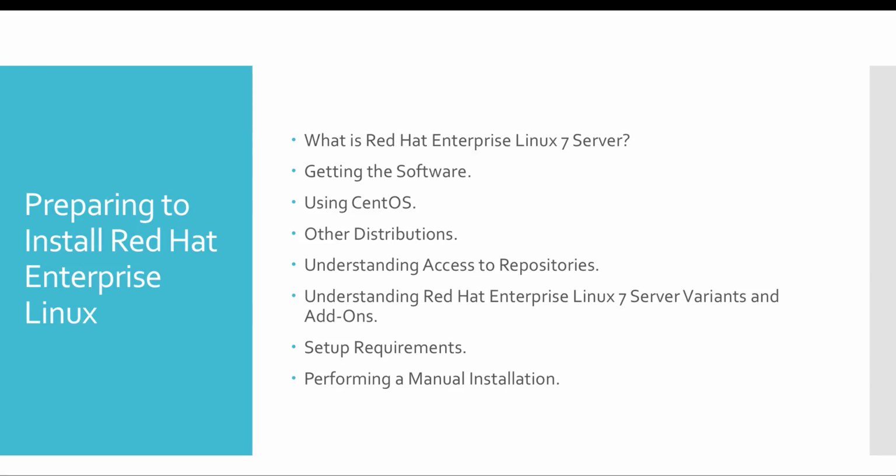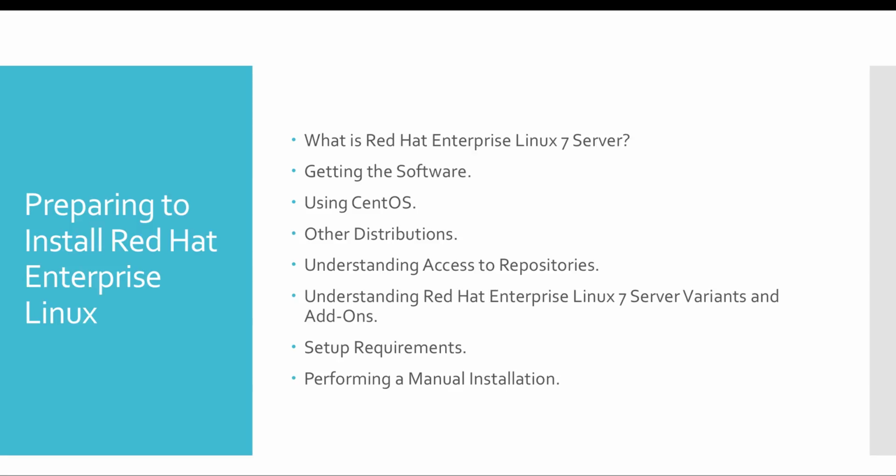Before installing the Red Hat Enterprise Linux operating system, let's understand what exactly the Red Hat Enterprise Linux server is, how you're going to get the software, or from where you can download it, and how to use CentOS. CentOS is another distribution of the Red Hat Enterprise Linux operating system, which is a free version of the Red Hat Enterprise Linux server.